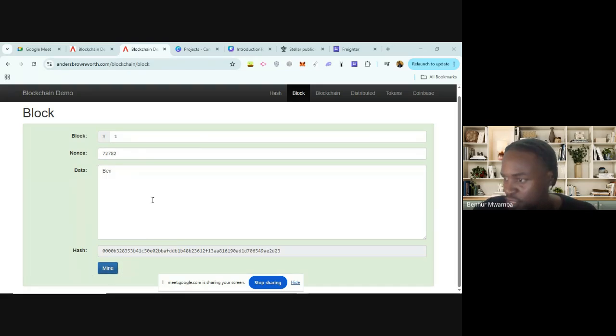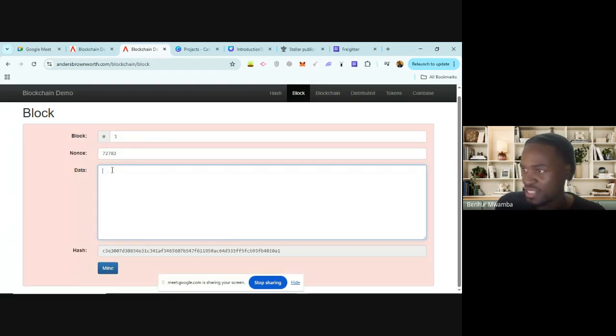I really appreciate it. Yeah, so does everybody understand what a block is so far? When we're talking about a block in a real blockchain sense, let's say in Bitcoin, for example, the data can be transactions like Ben sends $50 to James, something like that.